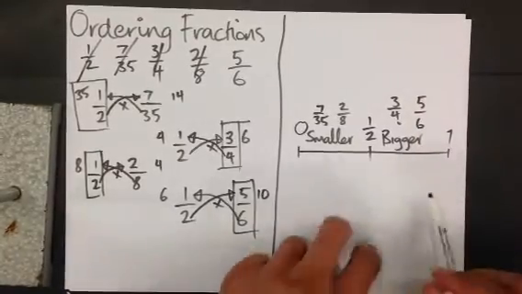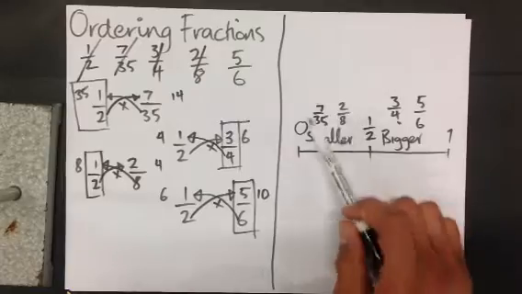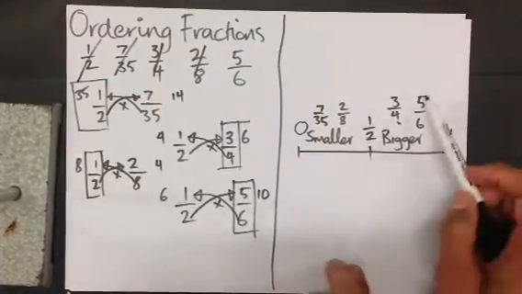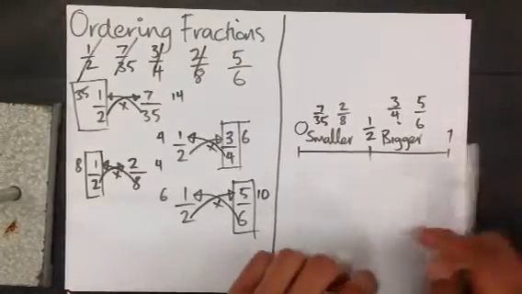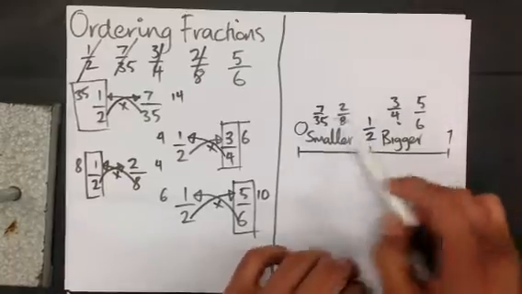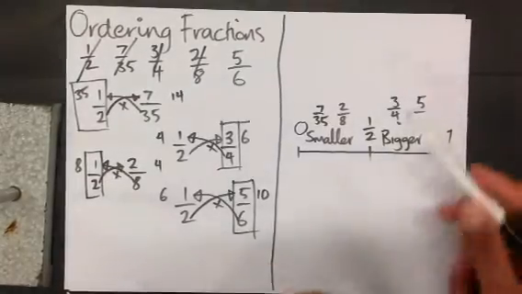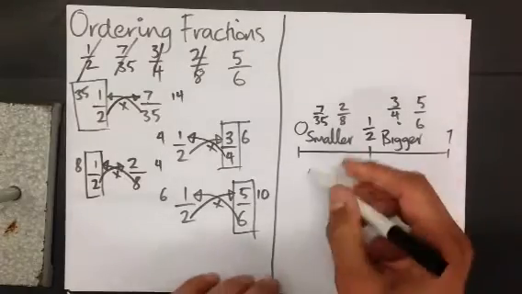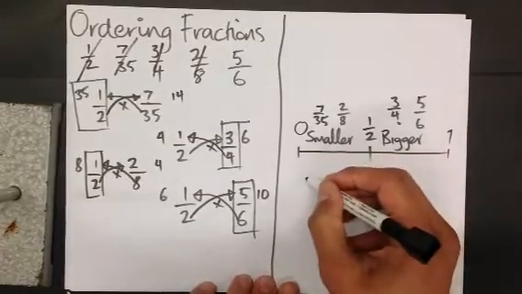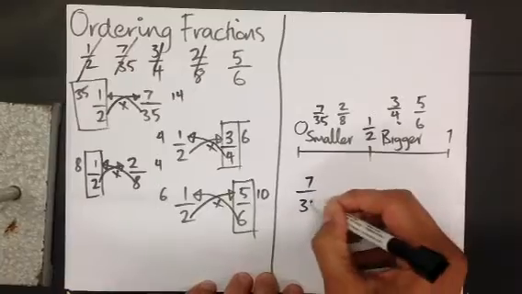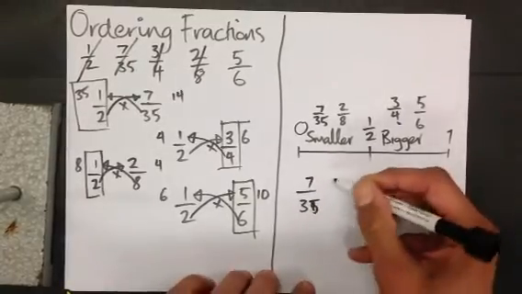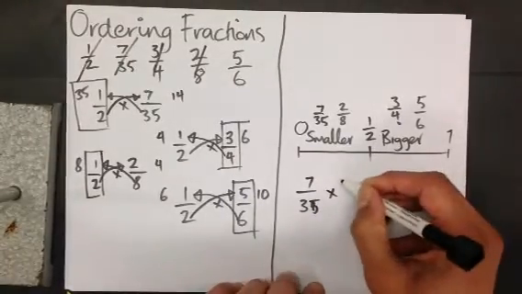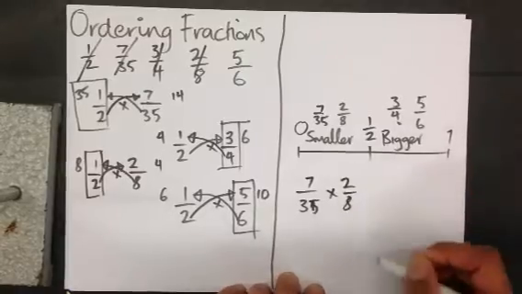Now, I've worked out that these two fractions here are smaller than 1/2 and these two are bigger. But out of these two fractions in either half, which one is bigger? We follow the same process that we did comparing 1/2 to those fractions, and we just compare those ones. So I say 7/35 times 2/8.